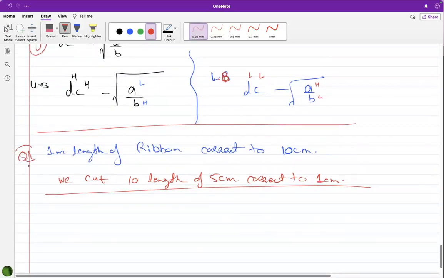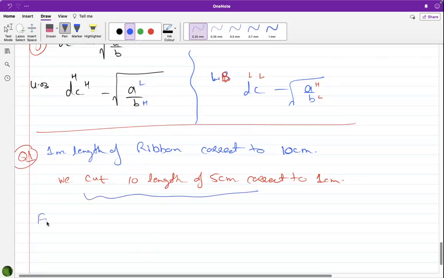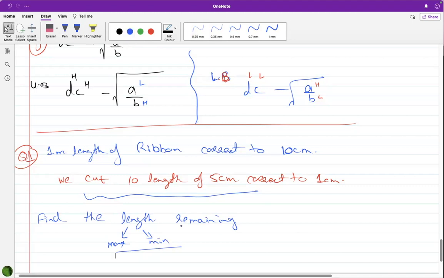These are the statements, the information given. So what do we have to find? Well, we can first turn the 1 meter to 100 centimeters. Yeah, we'll definitely convert them. And we have to find the maximum and the minimum possible lengths remaining.